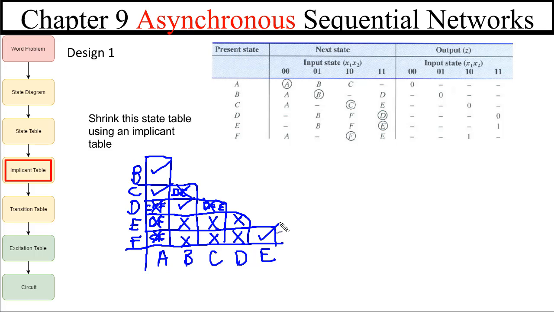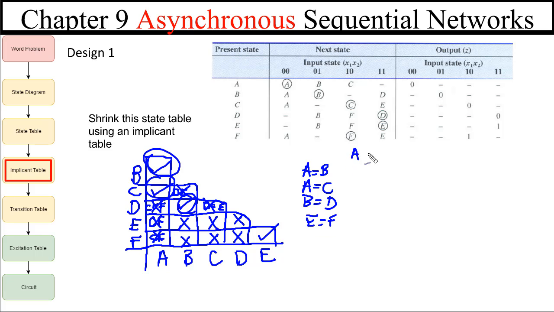Okay, so now we're going to do our coverage map. We have A and B right here. We have A equals C right here. We have B equals D right here. And we have E equals F right here.